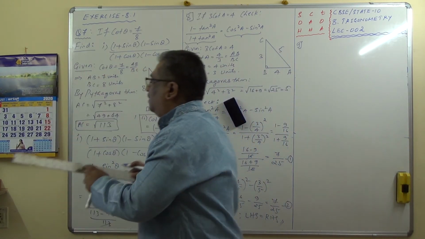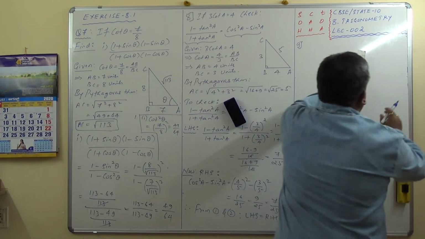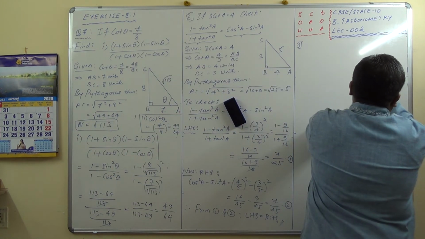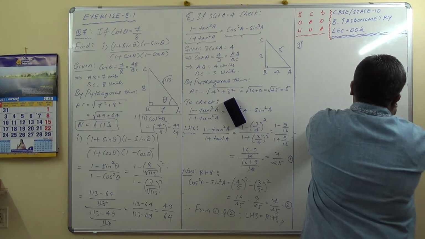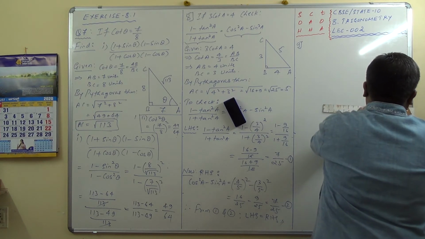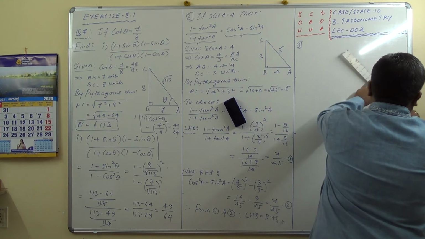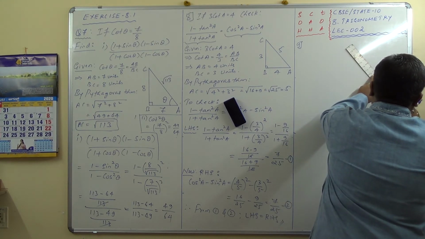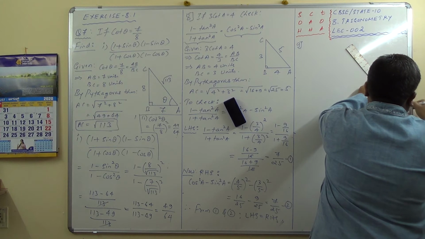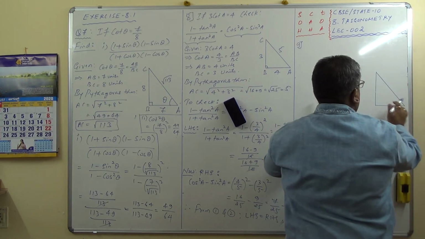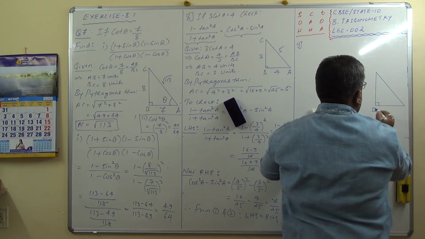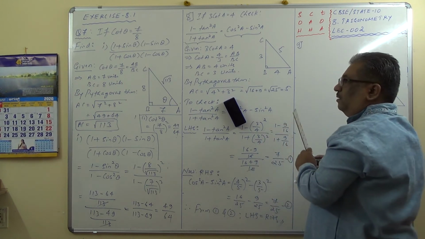Triangle ABC, right angled at B. So this is right angled at B.